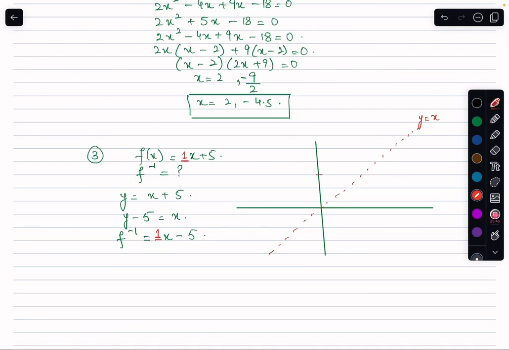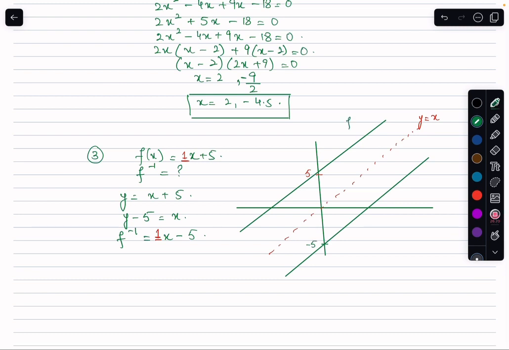So what I can see here is that the y-intercept for f(x) equals x plus 5 is 5, and this is how the graph shall be. This is how it should be moving. And x minus 5, so I can see that y minus 5, obviously the x-intercept is 5, and direction being the same, both of them moving in the positive direction, it's passing from minus 5.